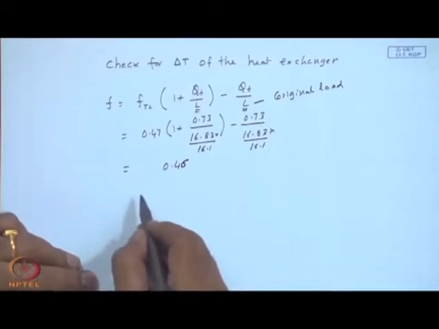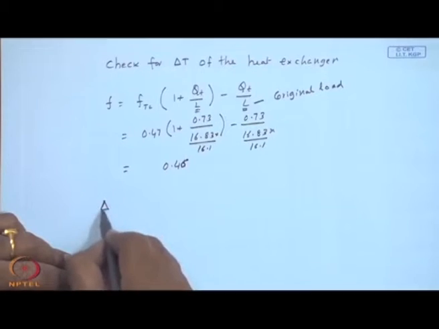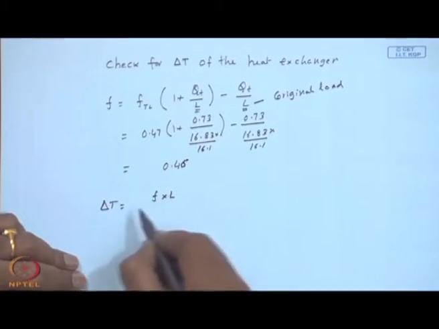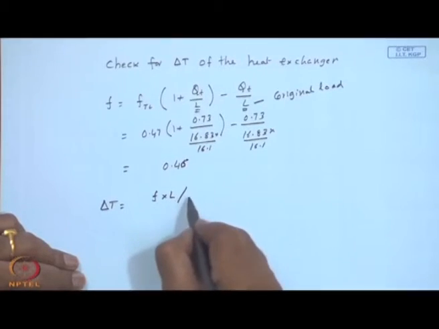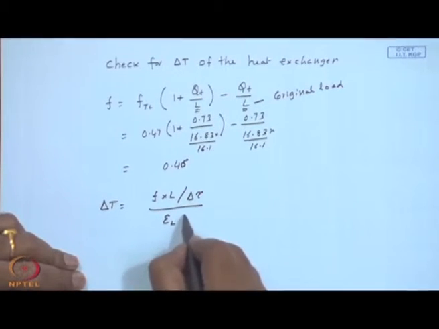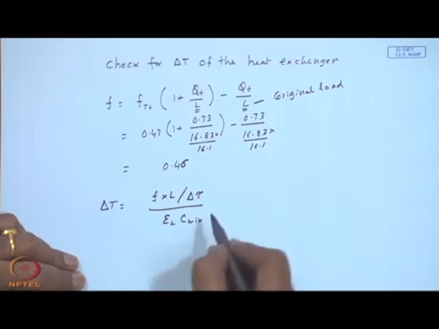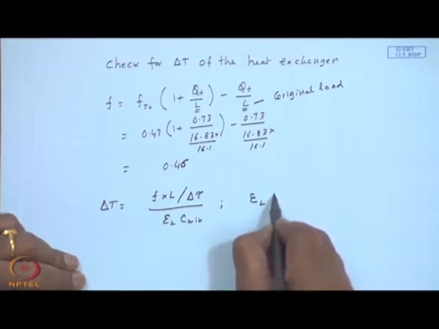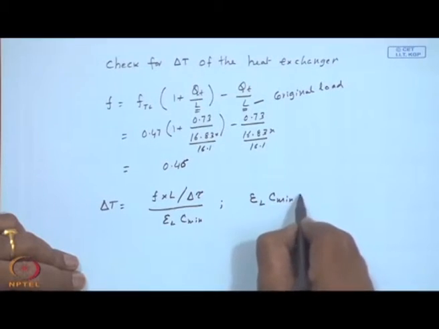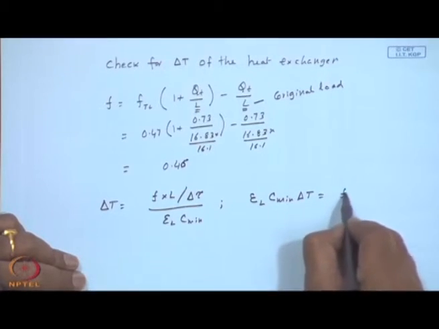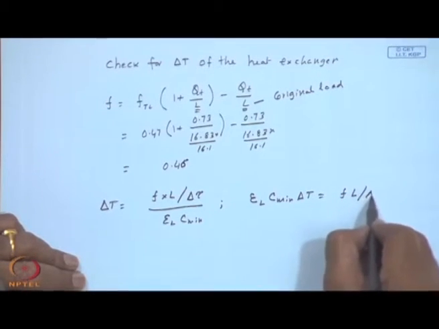This is fine. So, delta T across the heat exchanger: F into L is the amount of energy transferred in the time delta tau by epsilon C minimum. And I said for your convenience epsilon L C minimum times delta T should be equal to heat transferred, which in this case is F L by delta tau.